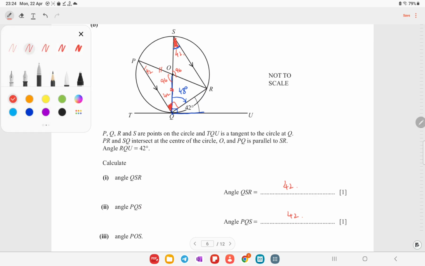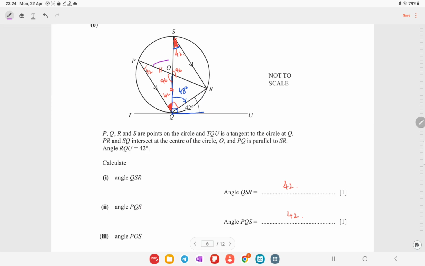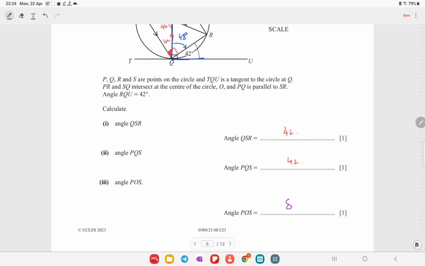Okay, let me change the color to purple. So this is 180 degree. Okay, so we need to find out this purple angle. So 180 minus 96 is going to be 84 degrees. So this is going to be your answer.